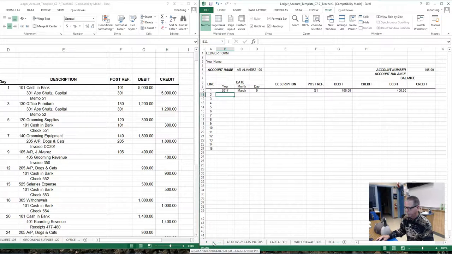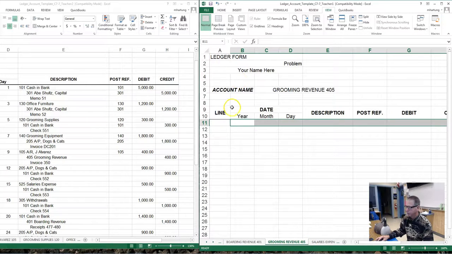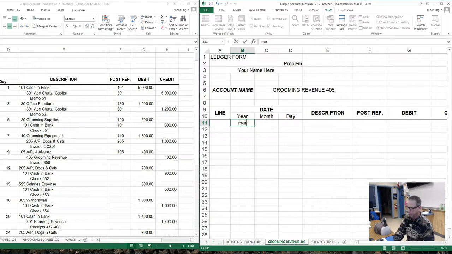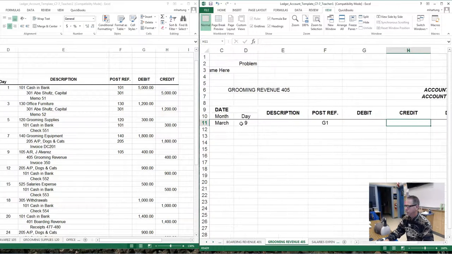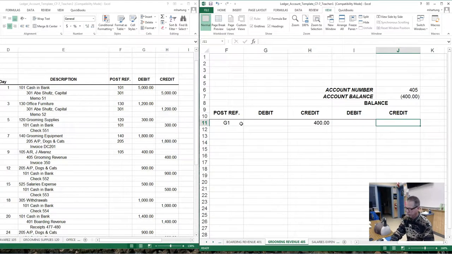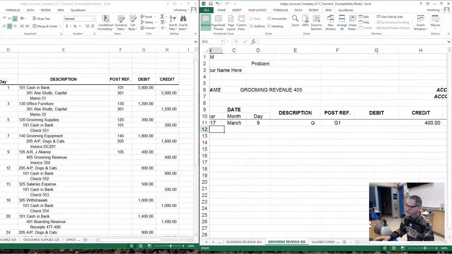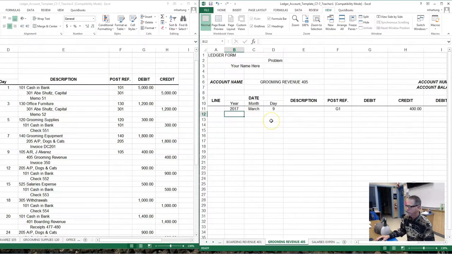Look for a 300 account, or 400, excuse me. 405. Grooming revenue. Oh boy, getting tired here. 2017. March 9th. Credit. Update that balance. Look at the whole entry.